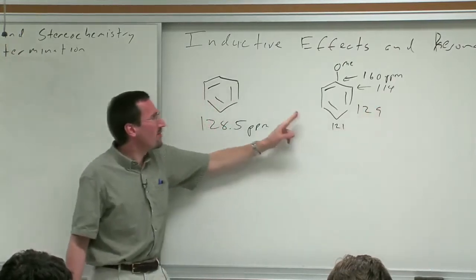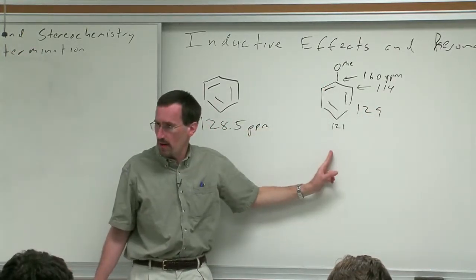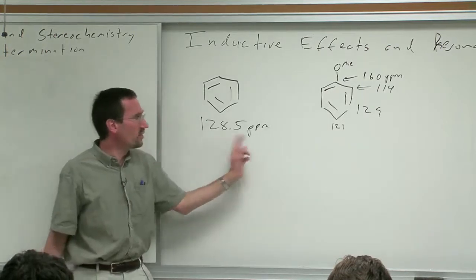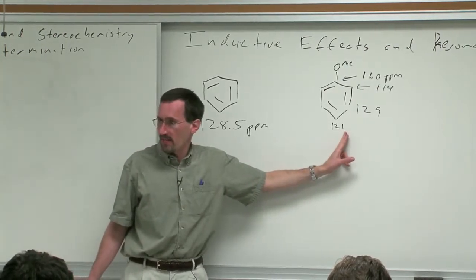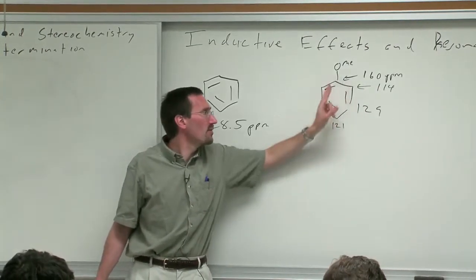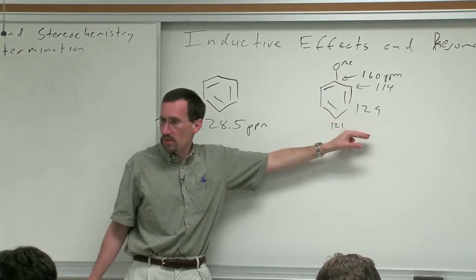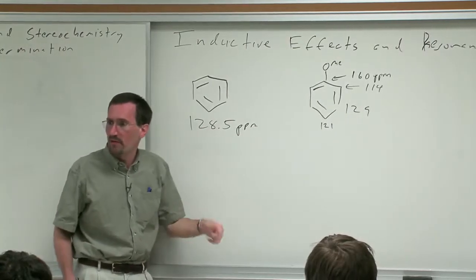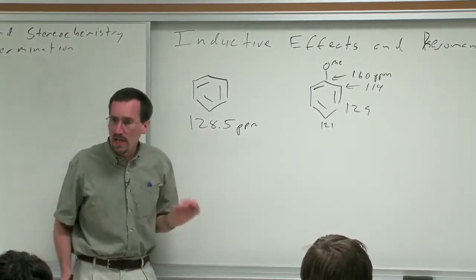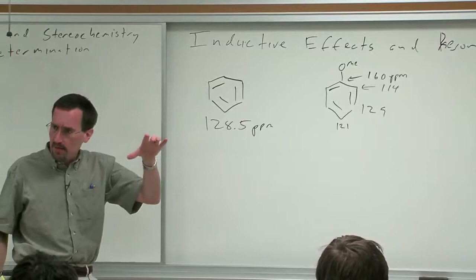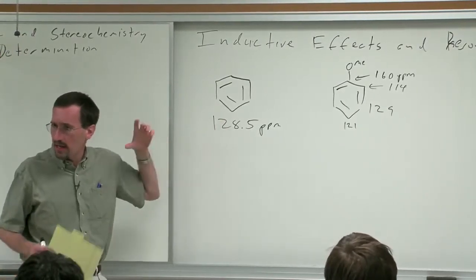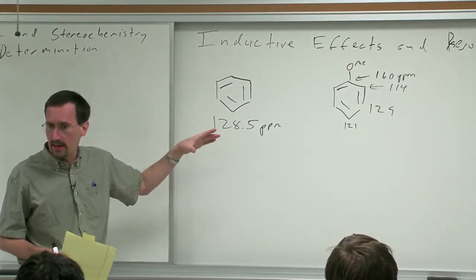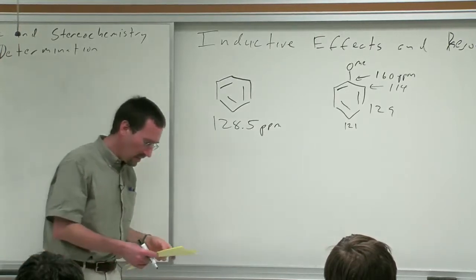And it shifts the para protons upfield by about 7.5 ppm. And it shifts the meta protons downfield by just a fraction of a ppm. And what we'll see in a moment is that you can add up all these effects and then calculate for different aromatics the effects of different substituents.